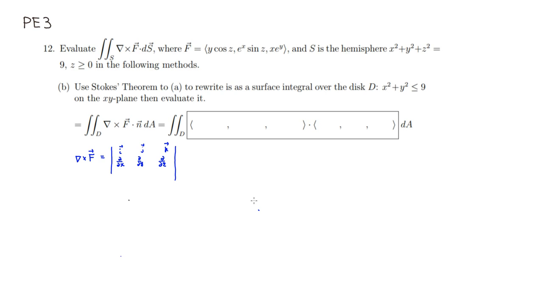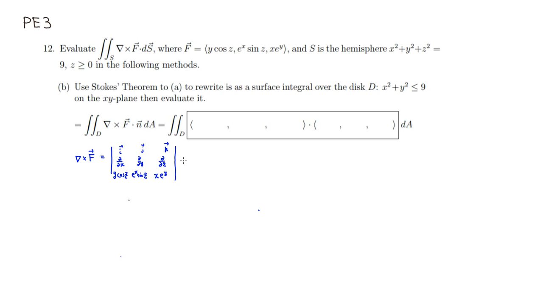Then the first component is y cosine z, and you have e to the x sine z, then you have x e to the y.